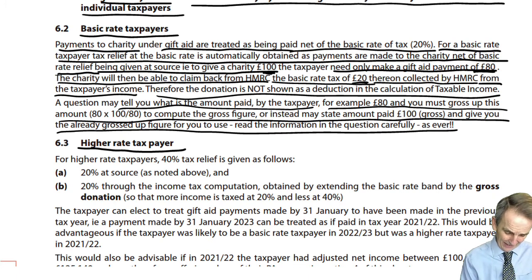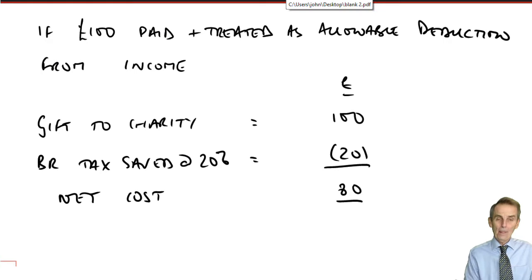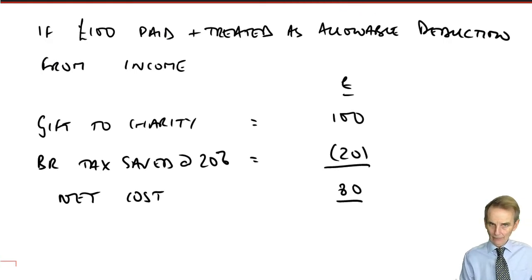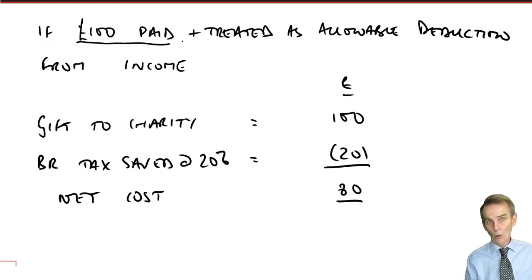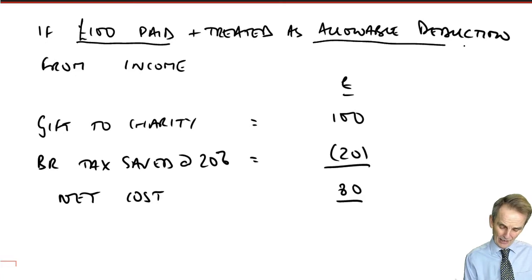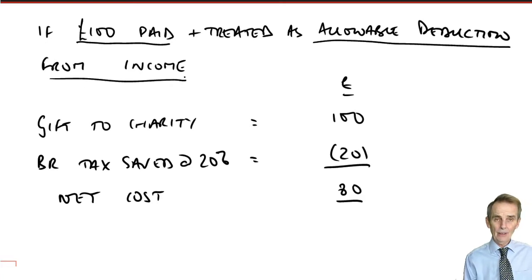Okay. Now then, if we didn't have the tax system that we have, which is a simpler system for the basic rate taxpayer, what would have happened? We'd have had £100 paid, because that's what you wanted your favourite charity to benefit by, treated as an allowable deduction from income on your income tax computation.